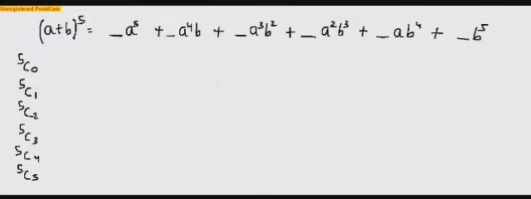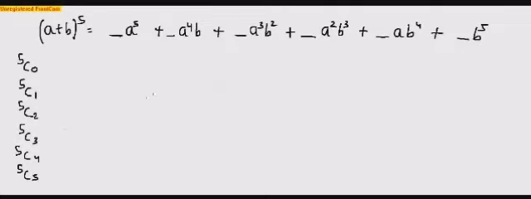I have just copied this 5 here, put a big C, and then just changed the counting from 0 till 5: 5C0, 1, 2, 3, 4 and 5. Right? Now to convert these expressions 5C0, 5C1, 5C2 and so on into numbers, there is a very set formula.